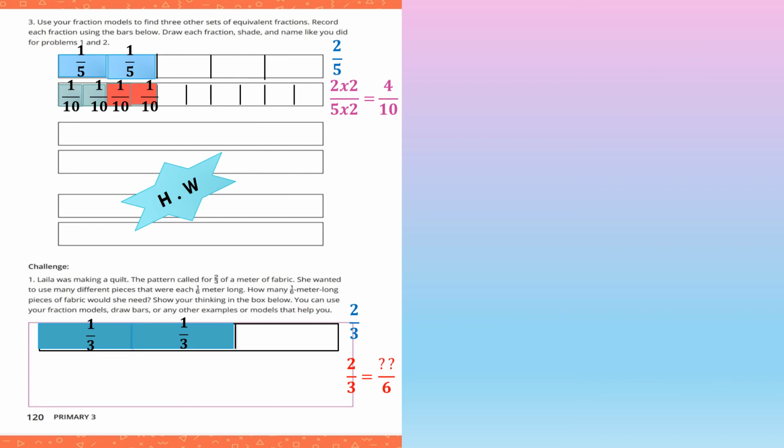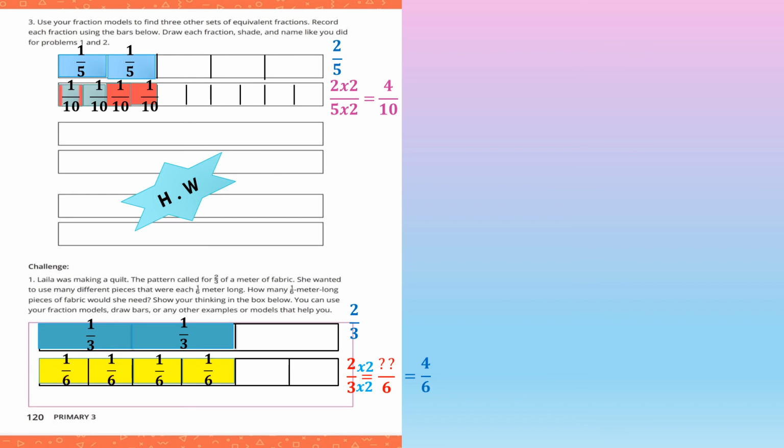So we must multiply the numerator also by 2. 2 times 2 equals 4 over 6. Let's represent this in the bar. I divide it into 6 equal parts like this and color 4 parts. Each part is 1/6. So she will need 4 pieces.